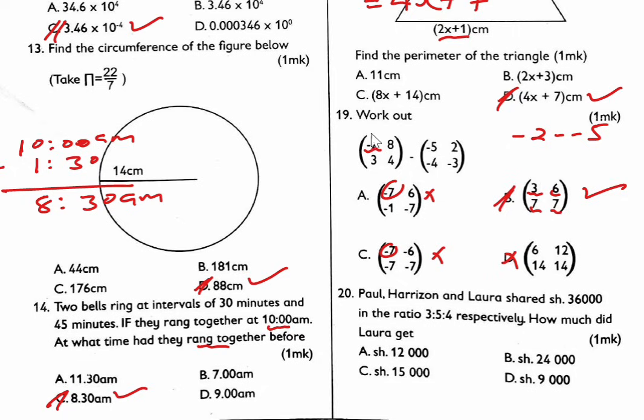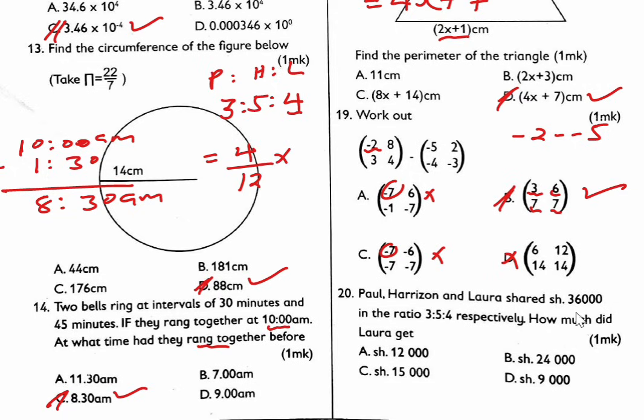So here we have 3 people. So the ratio is given by 3:5:4. So Paul's ratio, this is for Harrison, ratio for Laura. So to get the share of Laura, it will be the ratio for Laura, which is 4. Because they are sharing, we're going to add 3 plus 5, 8. 8 plus 4, it is 4 over 12.